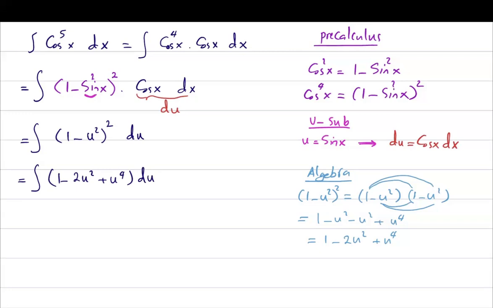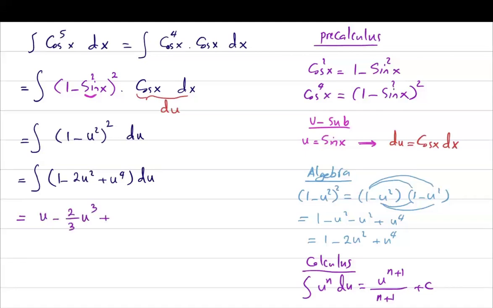Remember that from calculus, the integral of u to the n du is u to the n plus 1 divided by n plus 1 plus constant of integration. So this integral in turn is equal to u minus 2/3 u to the 3rd plus 1/5 u to the 5th plus constant of integration.